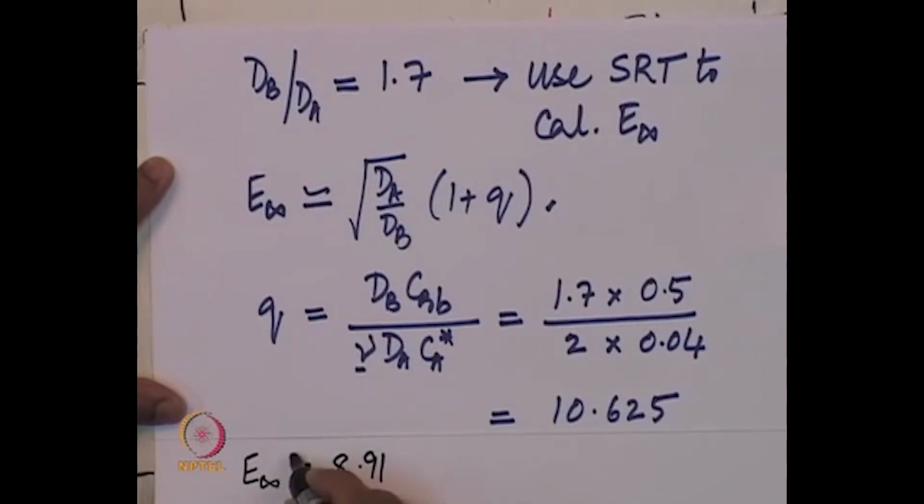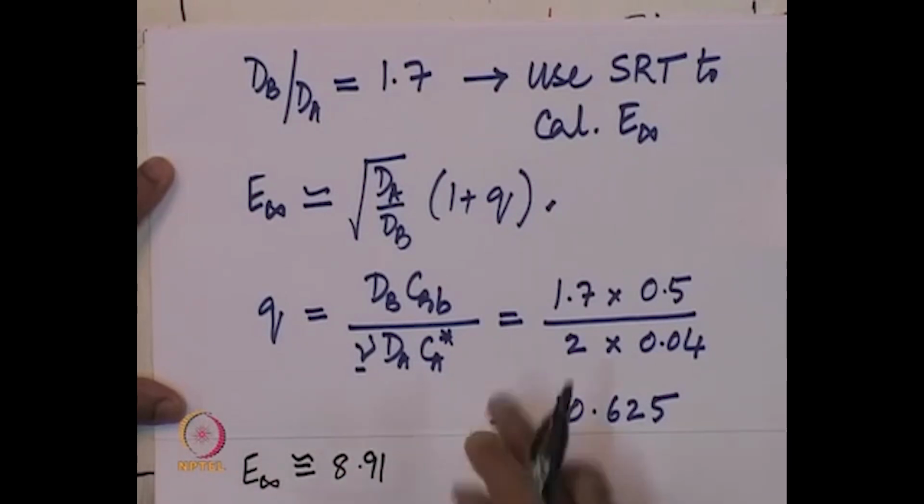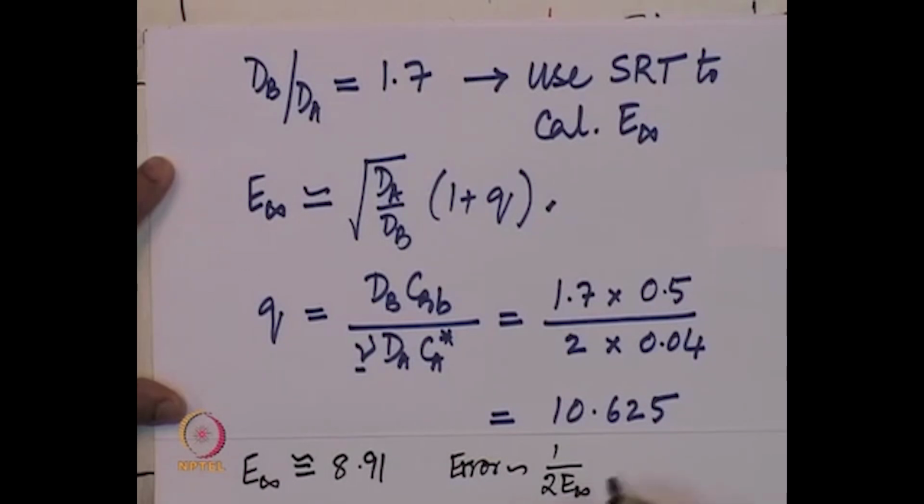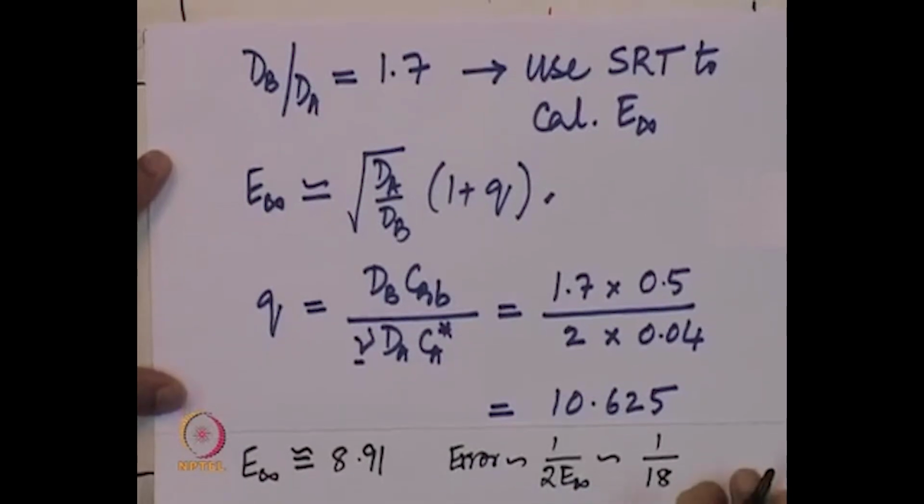And remember that this is an approximate value since we have used this expression, and if we want to estimate the error, we can do this as 1 over 2 E infinity, and so approximately the error is going to be of the order of 1 over 18 or thereabouts.